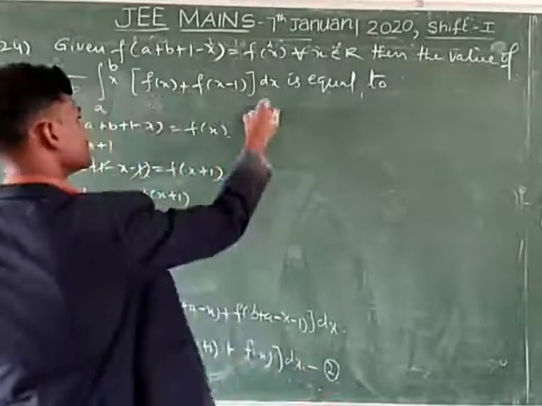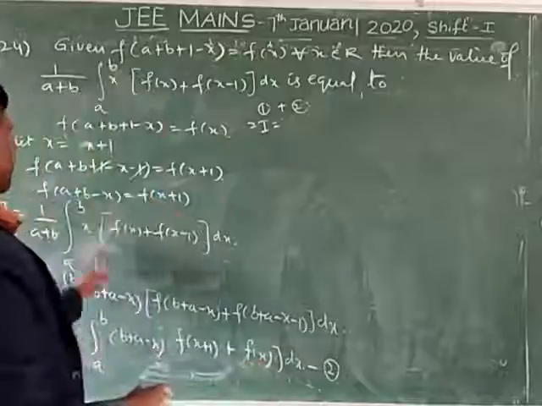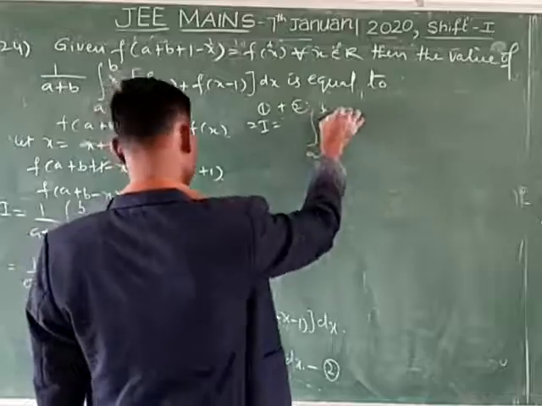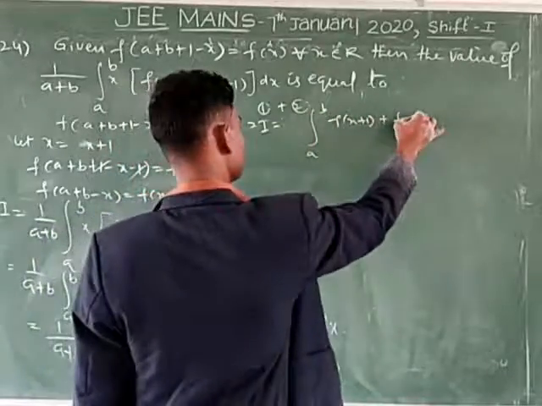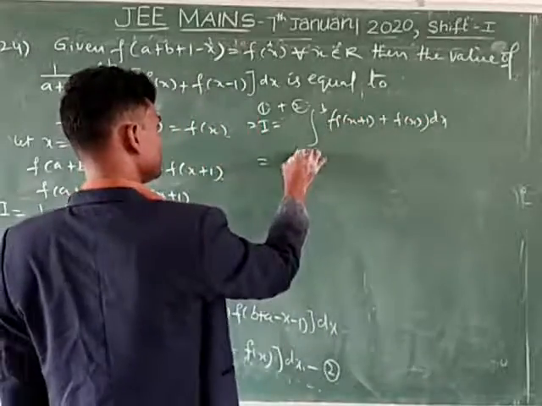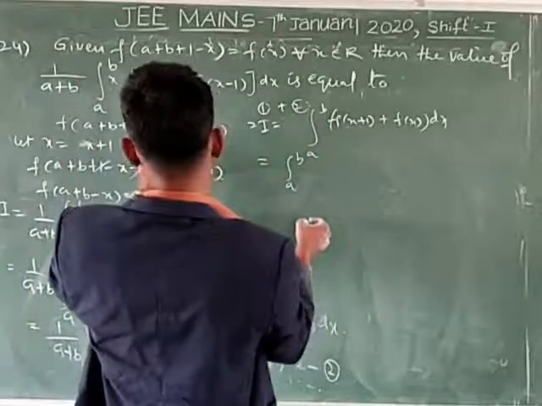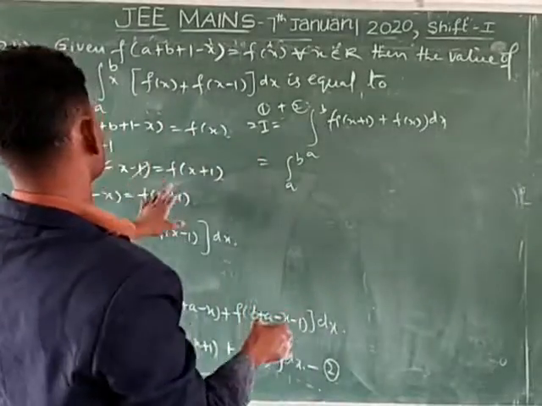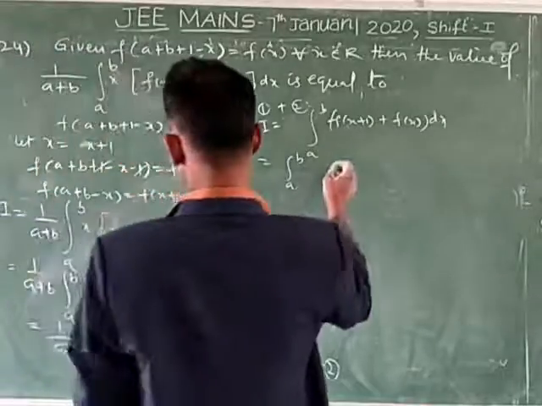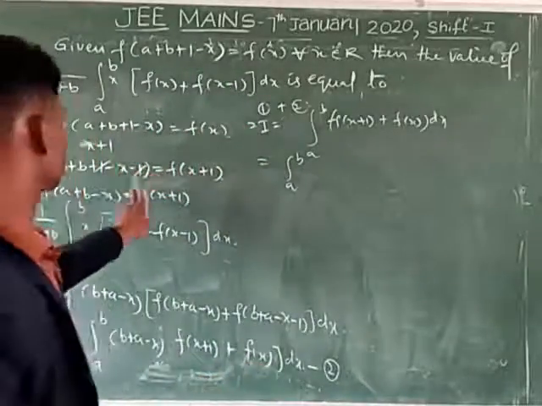Now 1 plus 2 is equal to 2I. Here this is common, which means x cancels, and here a plus b cancels. Now integral of a to b, f of x plus 1 plus f of x dx. Now, integral of a to b, f of x plus 1, you can write it like this: f of x plus 1.